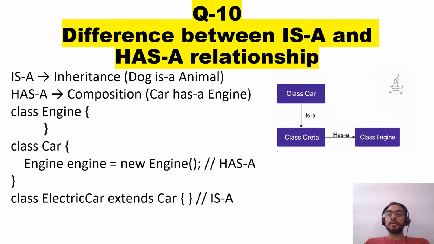We have a diagram showing the is-a and has-a relationship. Class Car is a class Creta, and Creta has an engine.